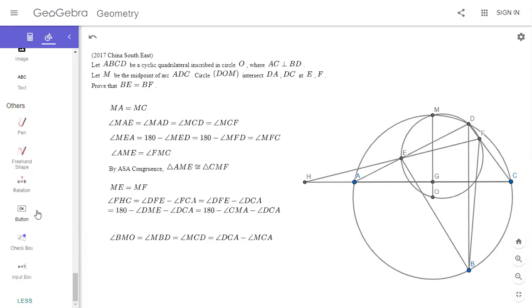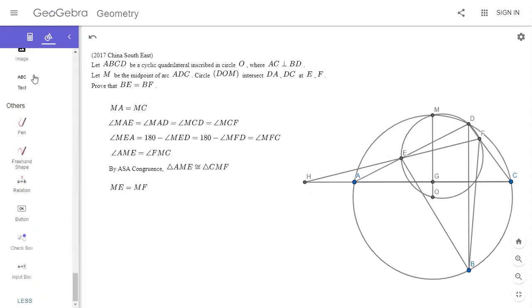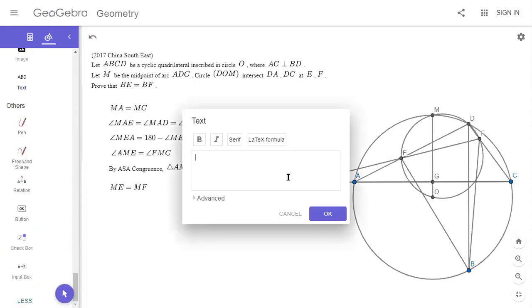I have a better way than doing all this. Let me delete this. So this should be a better way to do it. We have angle BMF. Oh wait, never mind.